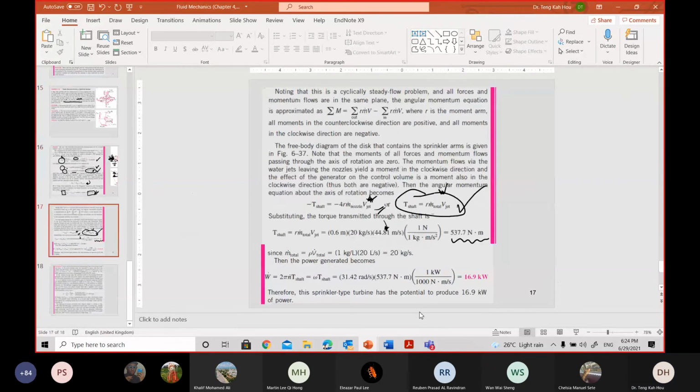So once you get this RMV total, with the average of the jets, you know my shaft contributes that much torque energy. So from here, you can further use it to find your energy generation. So you solve the question.